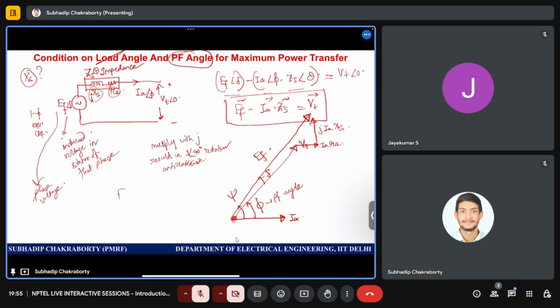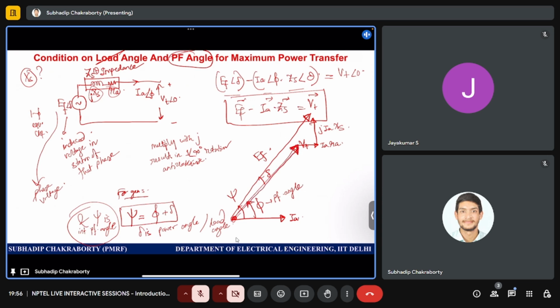So for generators, psi equal to phi plus delta, where delta is power angle or load angle, and psi is known as internal power factor angle, which we don't use generally because we are concerned about the angle between VT and IA.